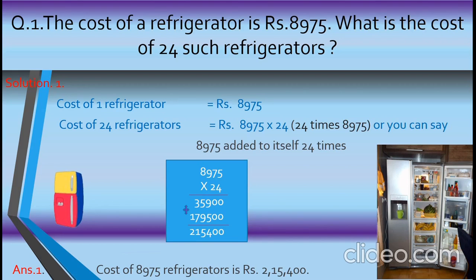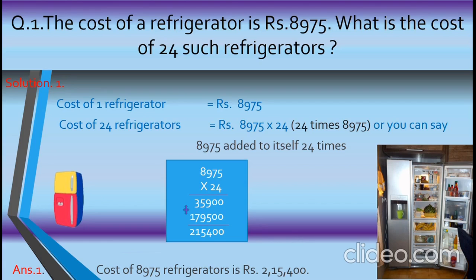It means you have to find out the cost. So you will start your statement from cost. Now you will see what information is given, and you will write the statement for that first.